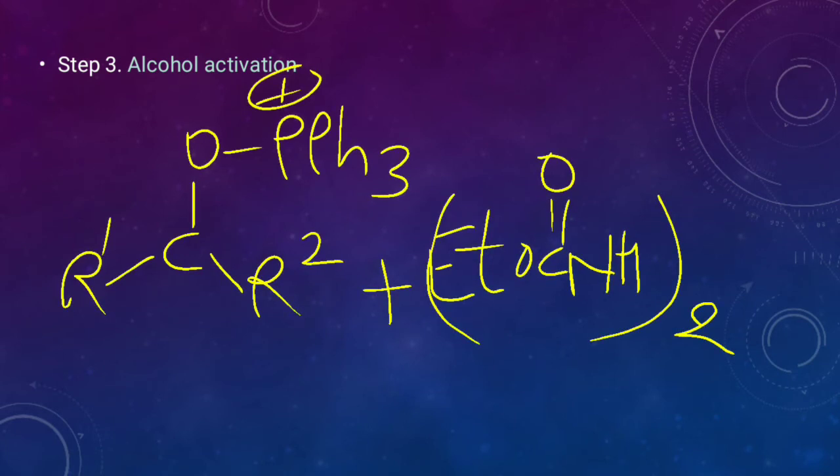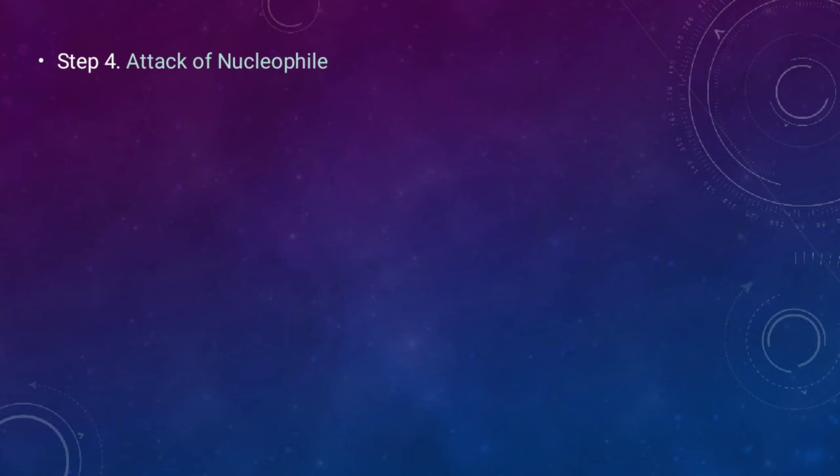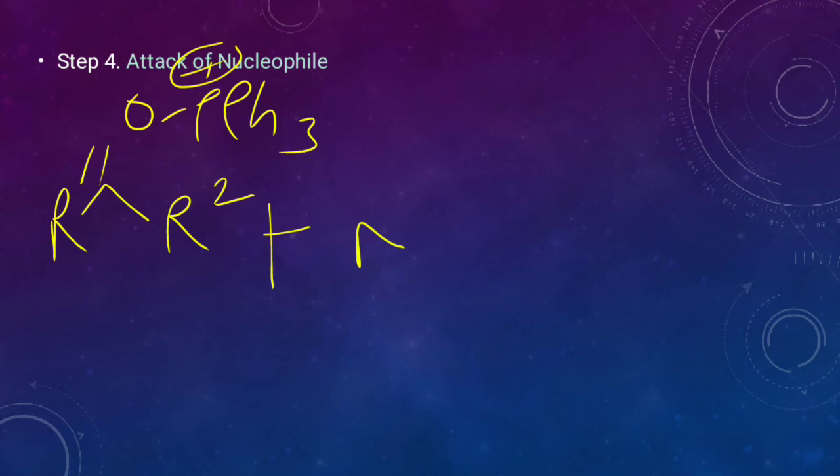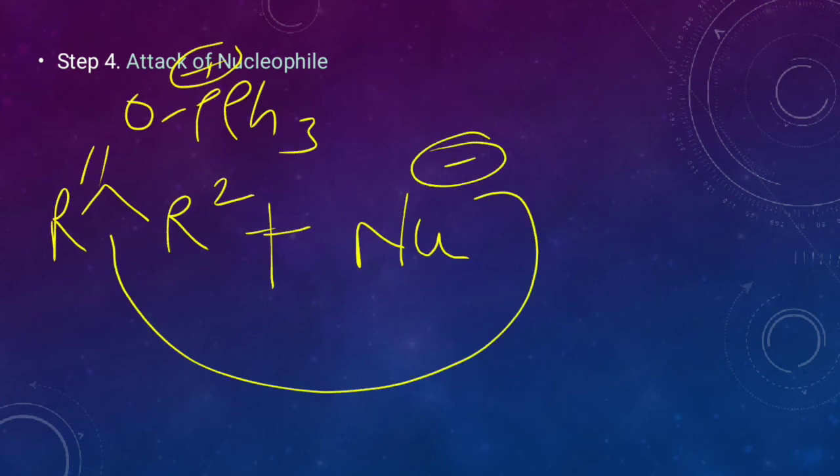Now forwarding to the fourth step. In the fourth step, the anionic nucleophile attacks the activated alcohol. This is our activated alcohol and this is our anionic nucleophile. This anionic nucleophile attacks this carbon present in the alcohol and forms an inverted product.